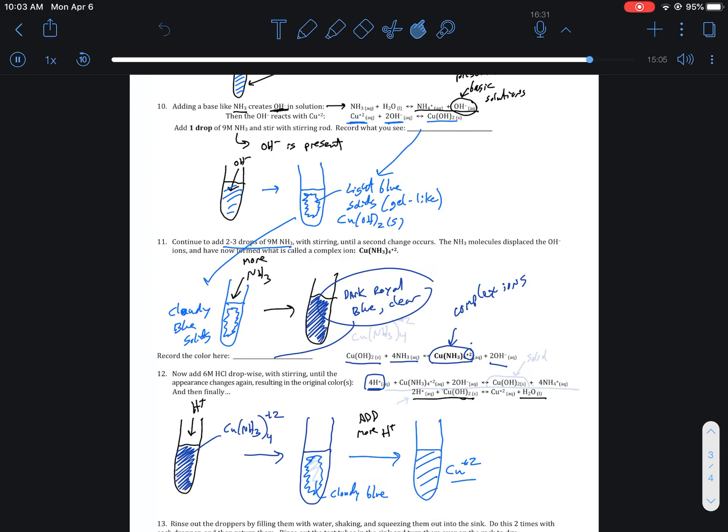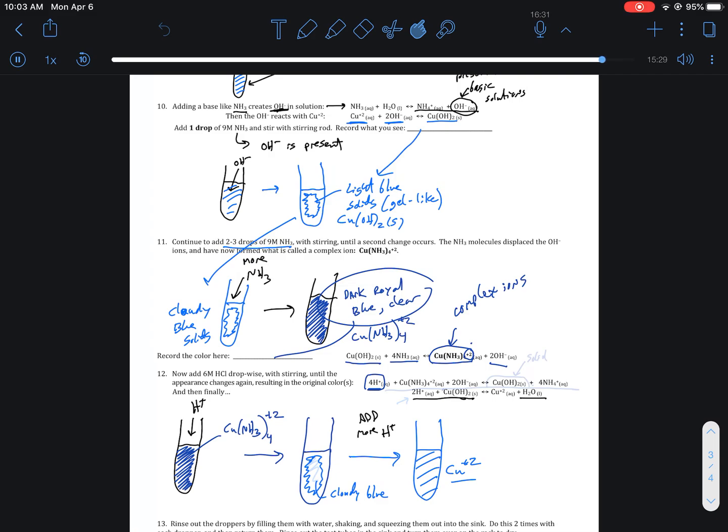And then, by adding more ammonia, the ammonia traded places with the hydroxides, and we formed this new dark blue complex ion with this weird formula. But it cleared up. The solids are no longer there. We now have this new ion.